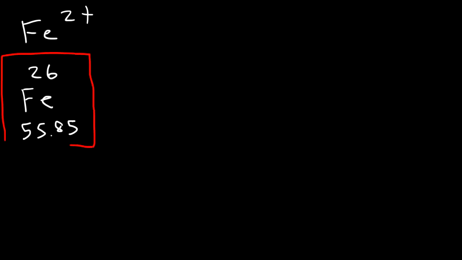So an atom of iron metal has 26 electrons. What about an ion of Fe? Because the charge is plus 2, that means the atom lost 2 electrons. So the Fe2+ ion has 24 electrons, 2 less than this number. So we're going to write the electron configuration based on the number 24.